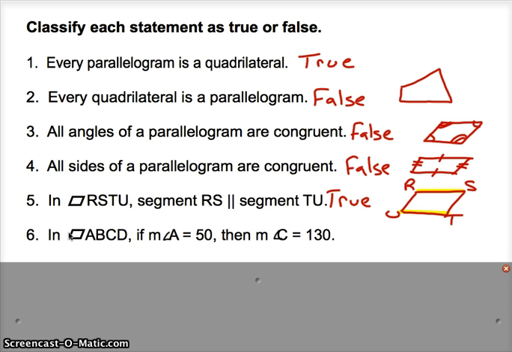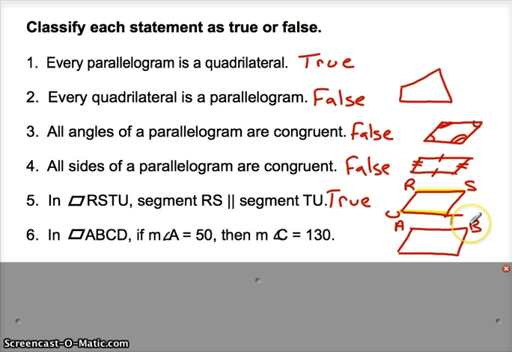Next question. In parallelogram ABCD, if the measure of angle A is 50, then the measure of angle C equals 130. Okay. Here's another problem where drawing a picture is going to be a big help. So start by drawing yourself a parallelogram ABCD, and it doesn't matter where you start labeling, so I'm going to start in the upper left.